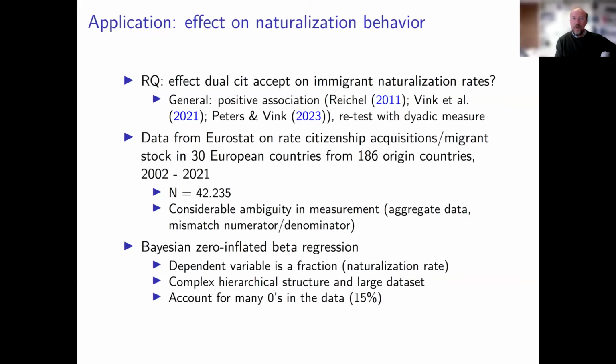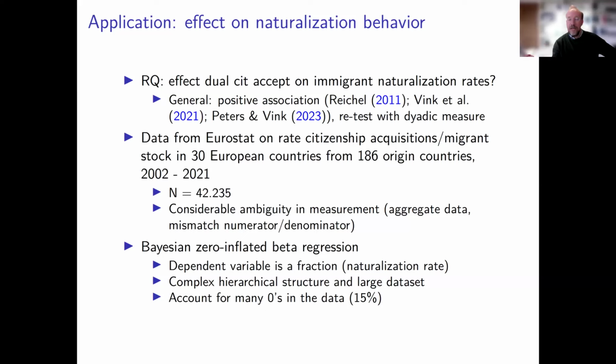So the last thing that we do in the paper is then link our data to naturalization data, or rather citizenship acquisition rates. And here we use data from Eurostat, the statistical agency of the European Union. And that's, of course, the most direct relation with dual citizenship policy, right?